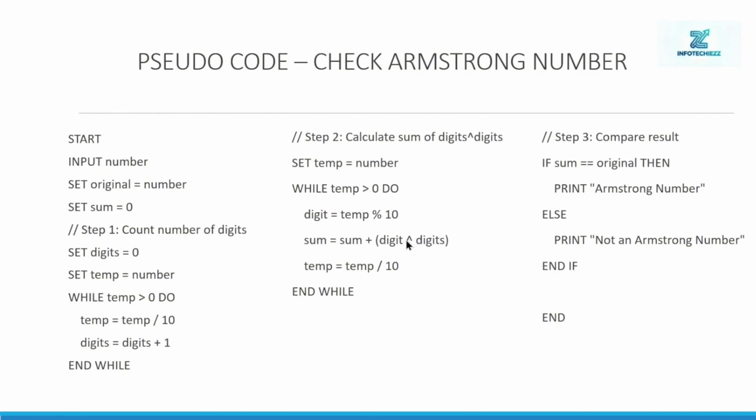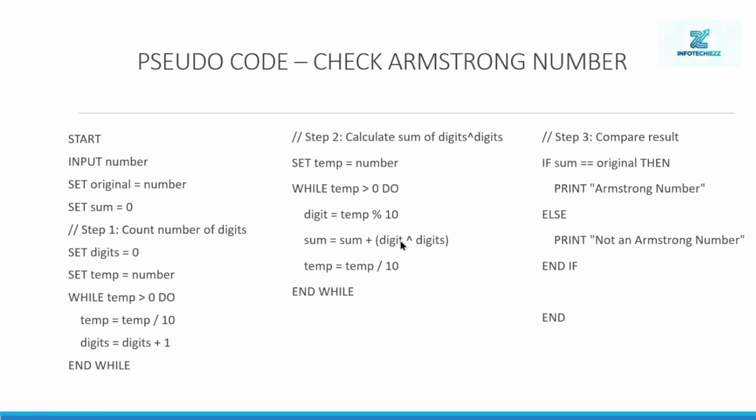So if I have 143, I have to calculate 3 into 3, right? So 3 power 3 and my sum value. At first my sum value will be 0, and I'll do 3 power 3 plus sum.